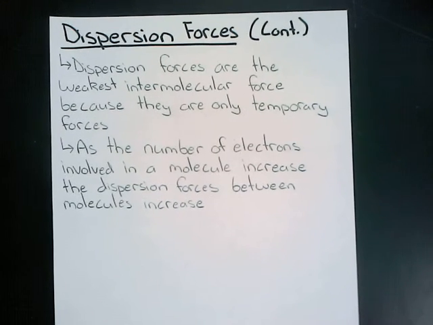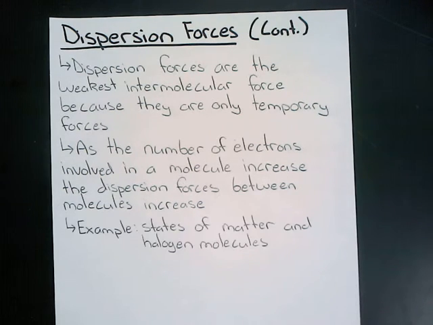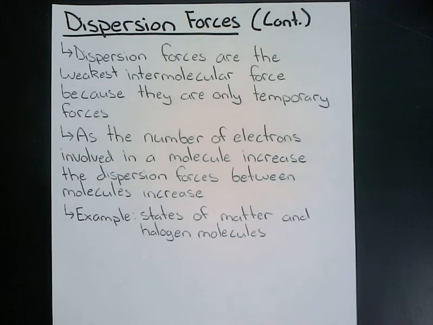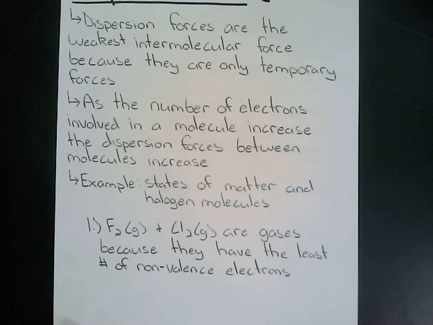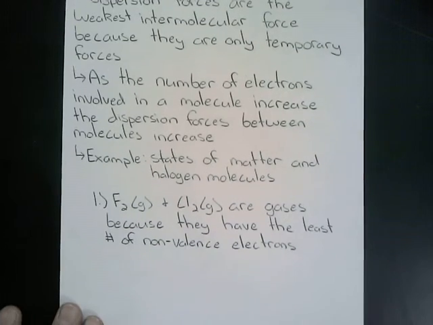A good example of this is the states of matter in halogen molecules. Fluorine and chlorine are gases because they have the least number of electrons. And then bromine is a liquid because it has more electrons than fluorine and chlorine, but fewer than iodine.